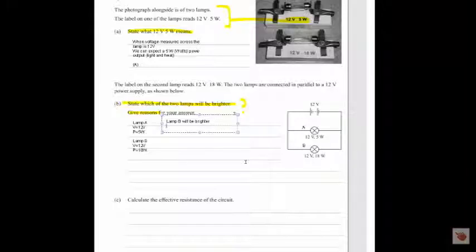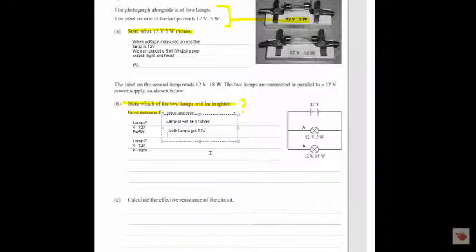Here's my reasoning. So lamp B will be brighter, and the reasoning is both lamps get 12 volts.